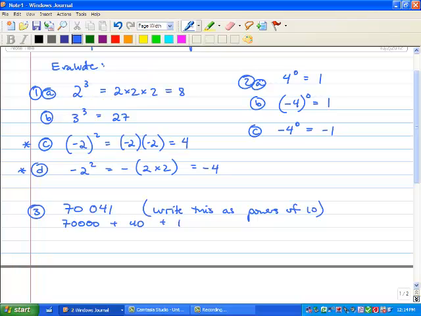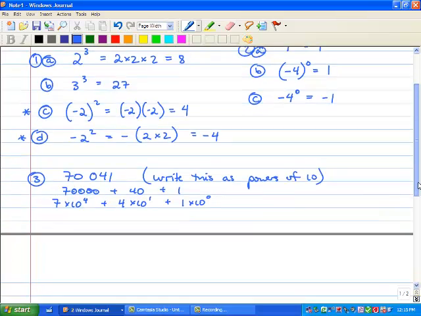Well, how do we get 70,000 into powers of 10? We're going to go 7 times 10 to the power of 4 because we have 4 zeros. And then we're going to get 40, or 4 times 10 to the 1. That gives us 4 times 10 is 40, plus 1 times 10 to the 0. Anything to the exponent of 0 is 1, and so 1 times 1 is 1.